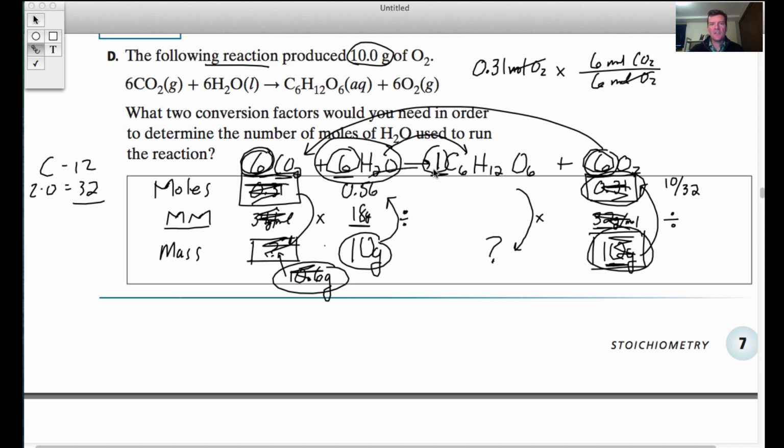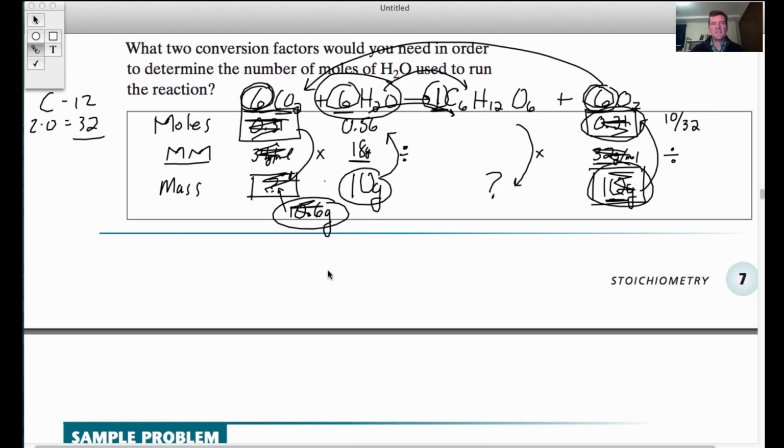Now I go from here over to the moles of the glucose. Well, they are in a 6:1 ratio. Only a sixth of the amount is formed of glucose compared to the amount of water that I have. So what is the calculation I have to do here?